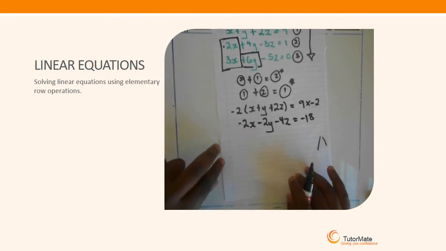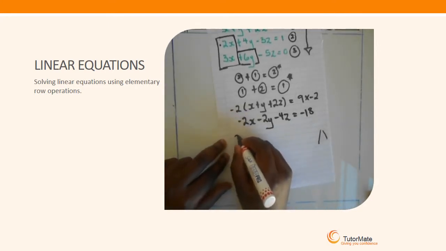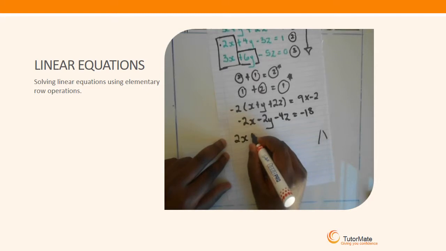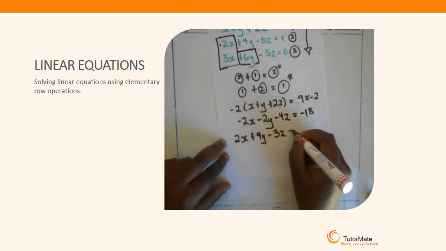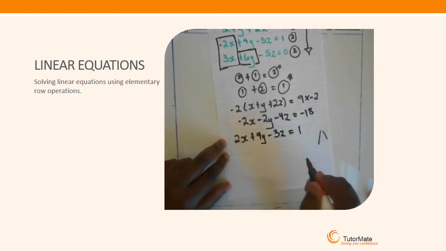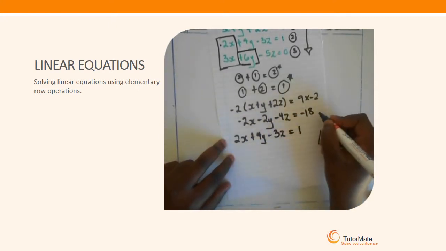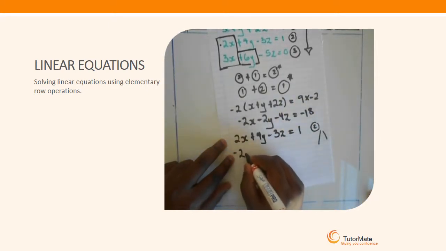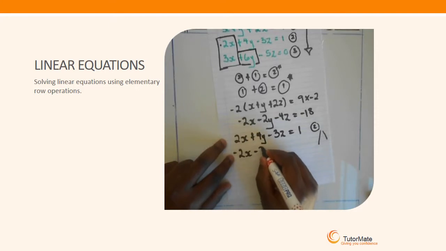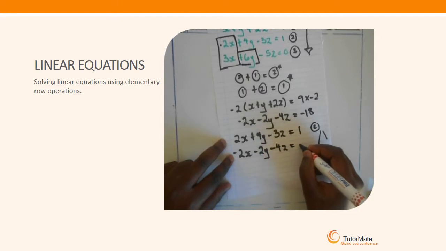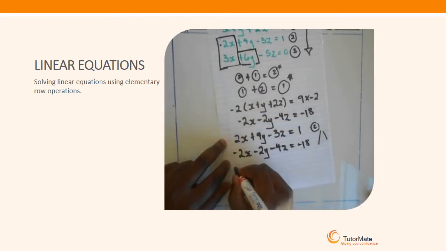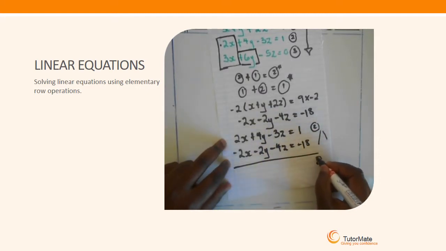Now you have your equation 2, which is 2x plus 4y minus 3z equals 1. You want to add it to this equation, minus 2x minus 2y minus 4z equals minus 18, so that you can get your new equation 2.